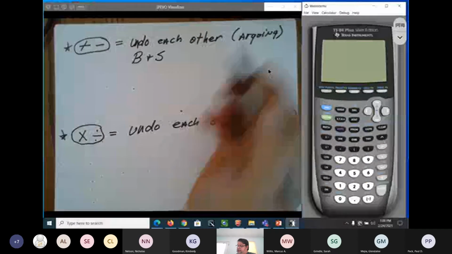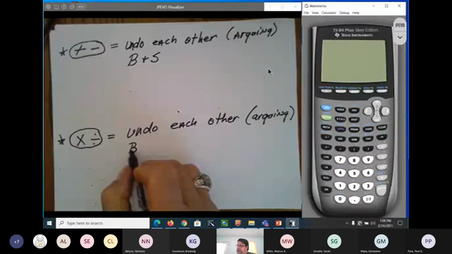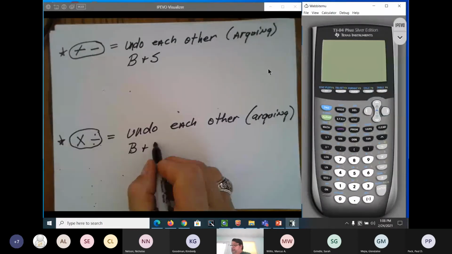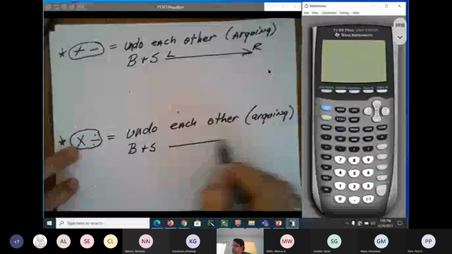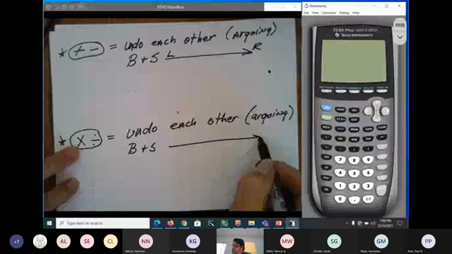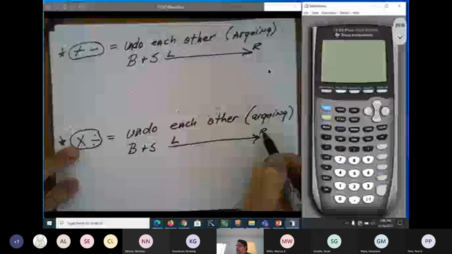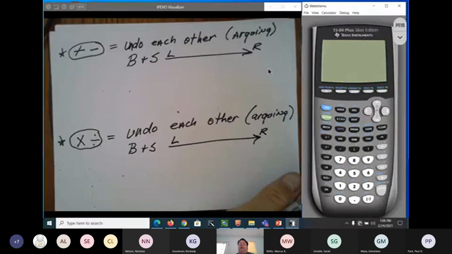If you have brother and sister in a mathematical sentence, which way do you do it? Left to right. Now, how many problems do you have, brother and sister? Not many. You're probably talking about 10 to 20% of the problems that you see on a test, or whenever you do math.